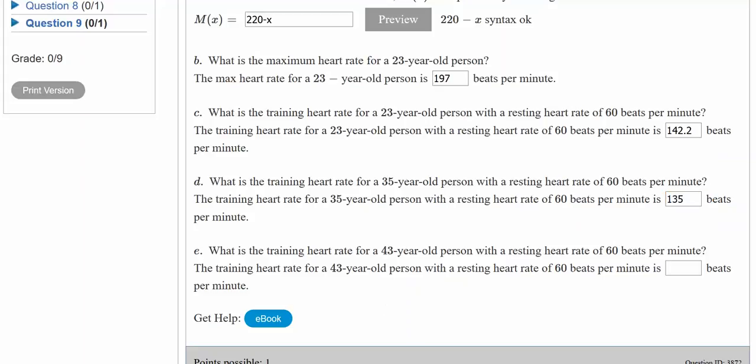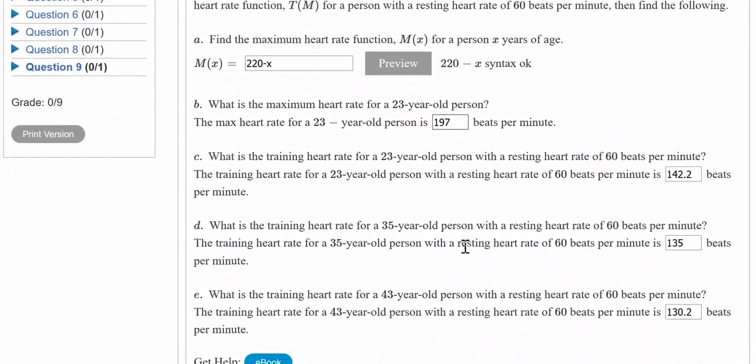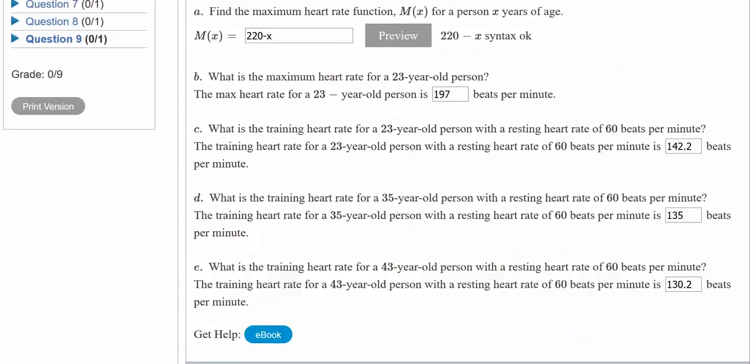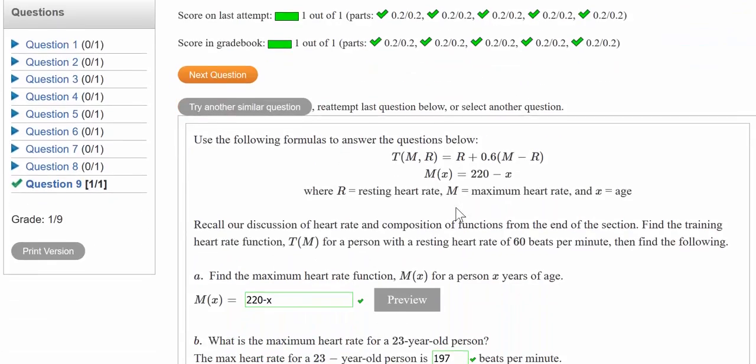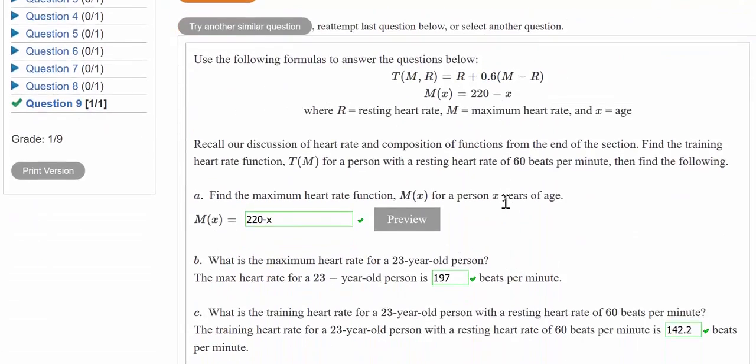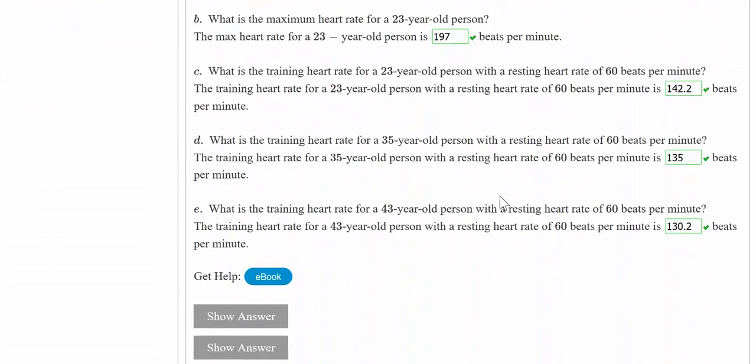And part E, I believe it was 130.2. All right, that was a long problem, but let's see if we got it right. Yes, okay, you're green all the way around, so hopefully your problem is going to be very similar to this one, and I wish you well.